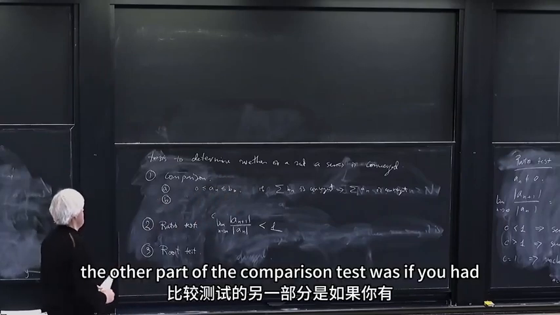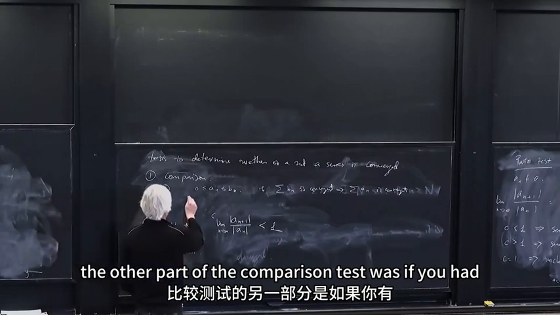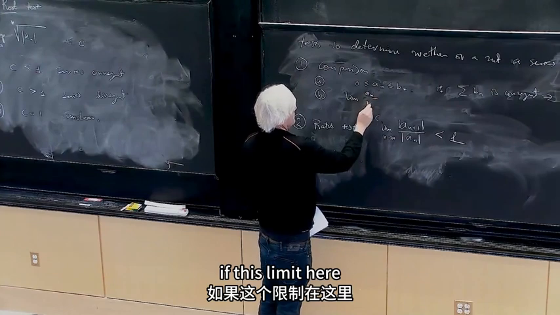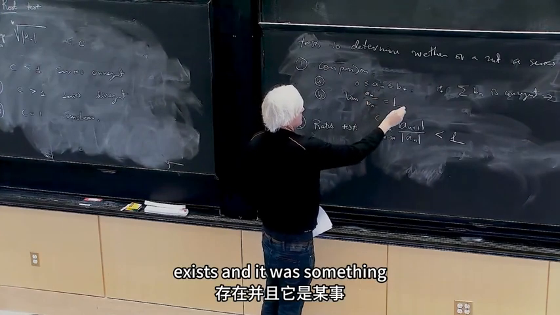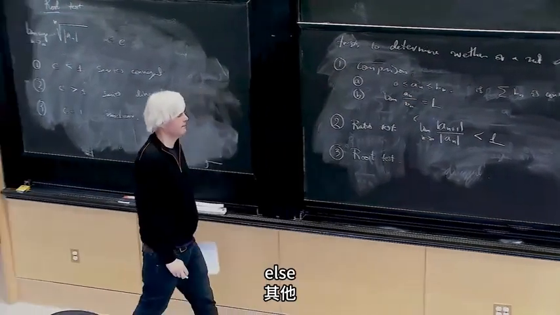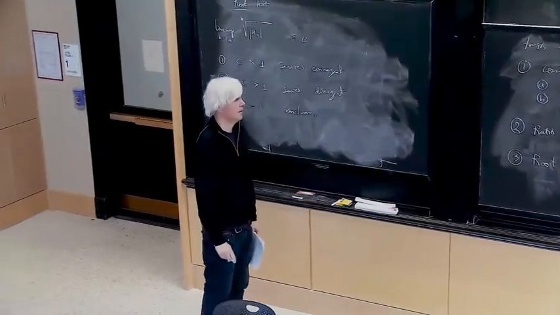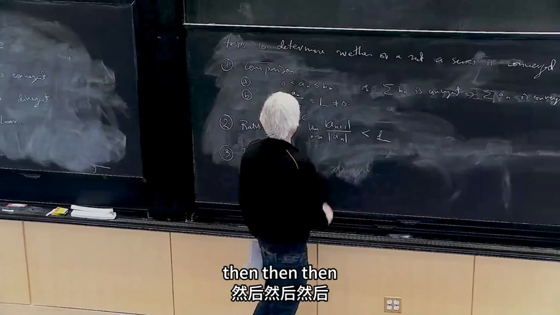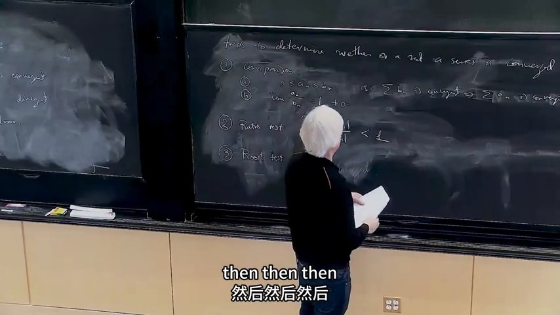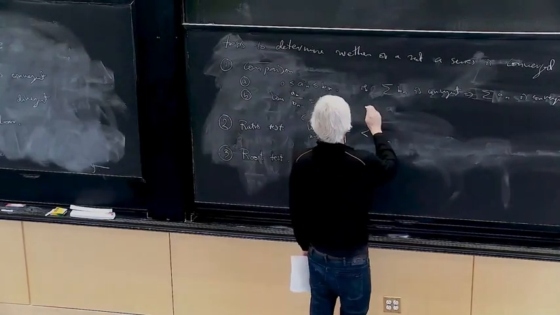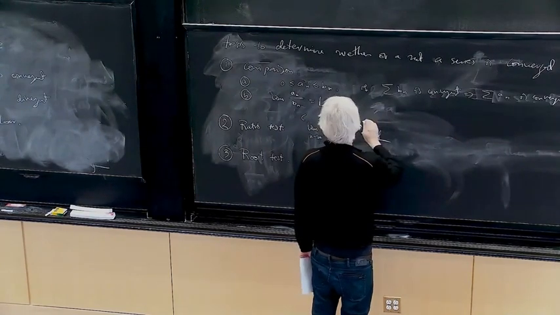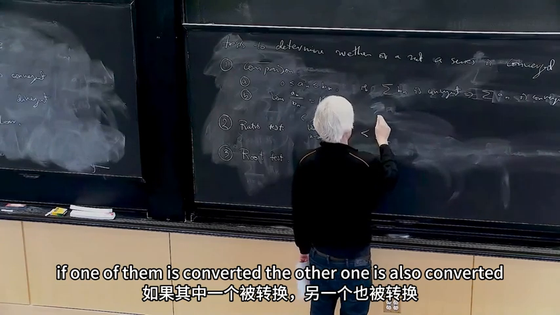The other part of the comparison test was if you had the limit of a_n over b_n, and this limit exists and it was some L, let's say L is not equal to 0, then if one of them is convergent, the other one is also convergent.